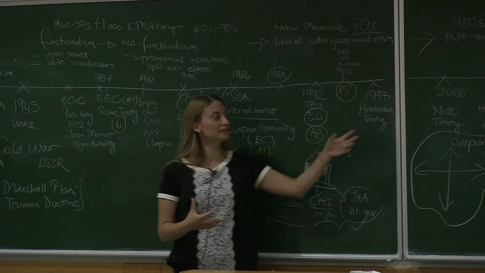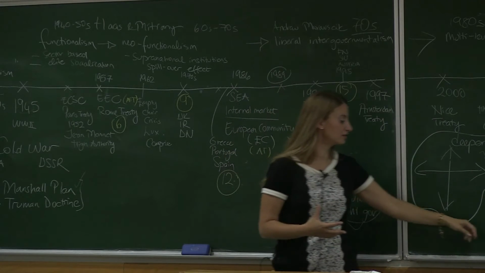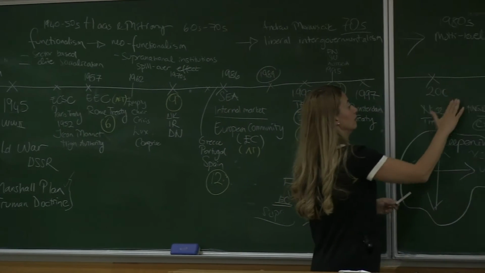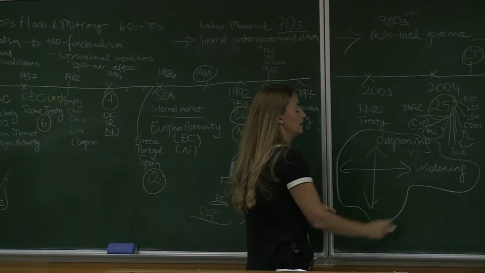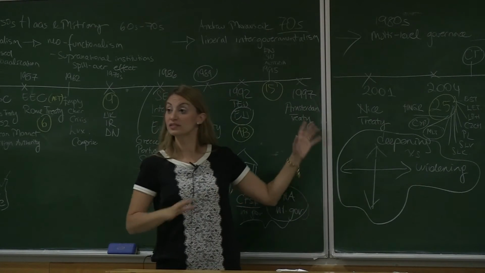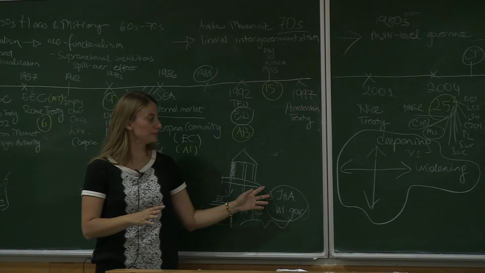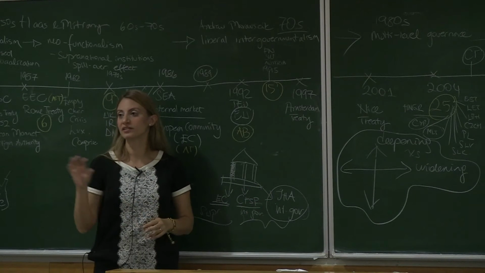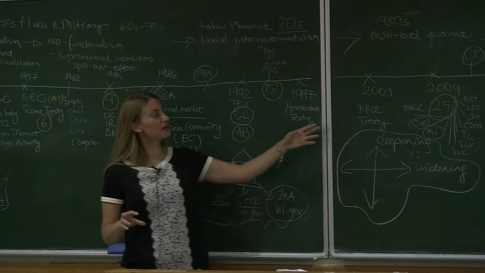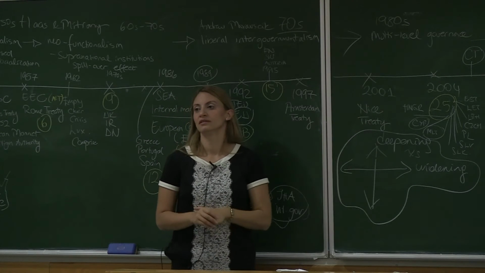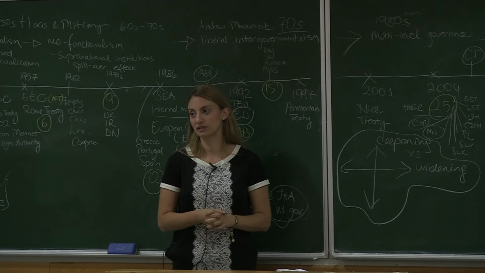So that's why the Nice Treaty, by the way, you were right, it's 2001, was also hoping to simplify the already complicated policies, procedures, and article structures. And 2001 did not necessarily solve that issue.